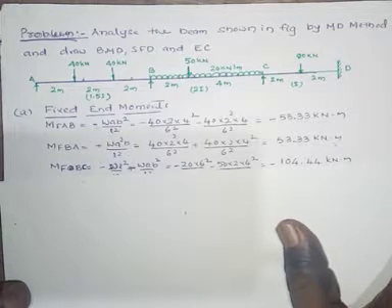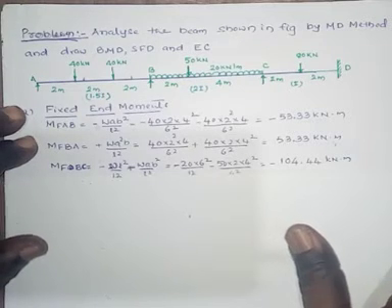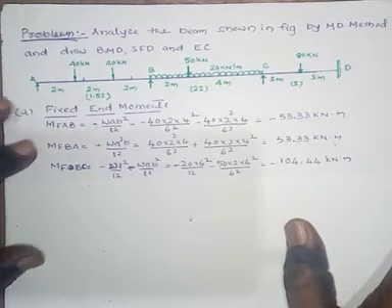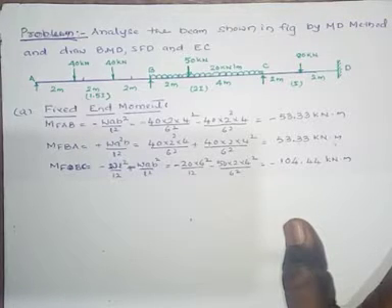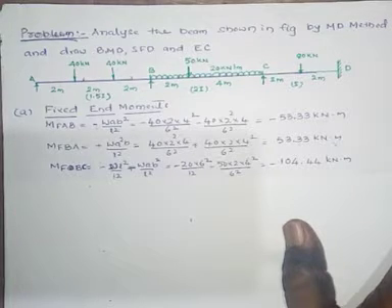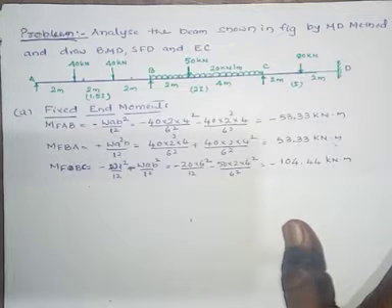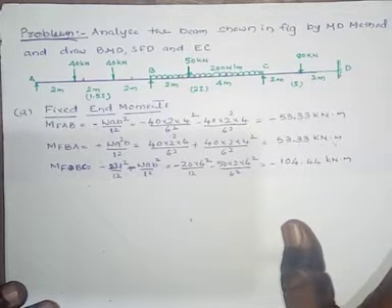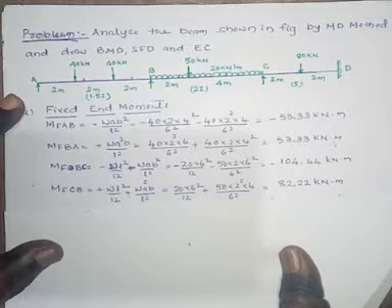Here it is subjected to a point load and a UDL. You have to calculate the fixed end moments due to the two loads separately, and then by the principle of superposition add them. For UDL, that is W L square by 12, that is anti-clockwise. For point load, that is W a b square by L square. Then by substituting the values of loads and distances, we get 20 into 6 square divided by 12, that is negative, minus 50 into 2 into 4 square divided by 6 square, that one is minus 104.44.